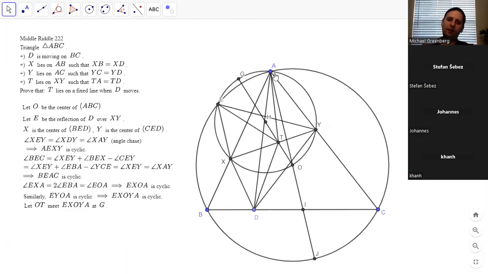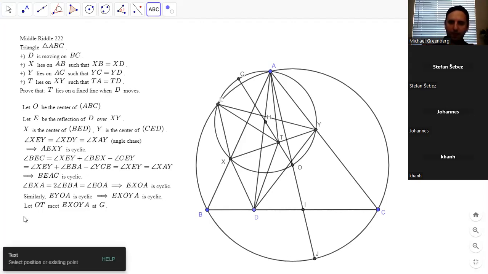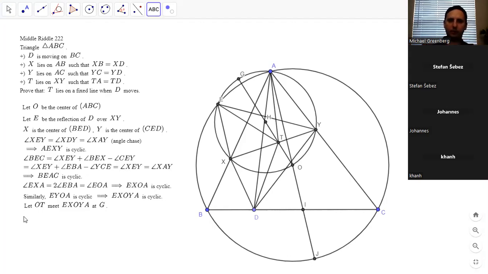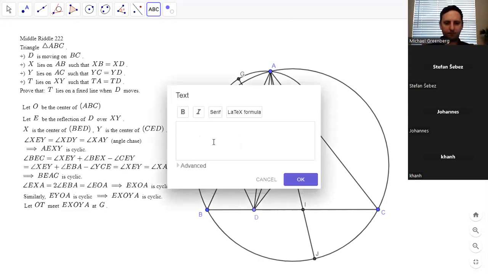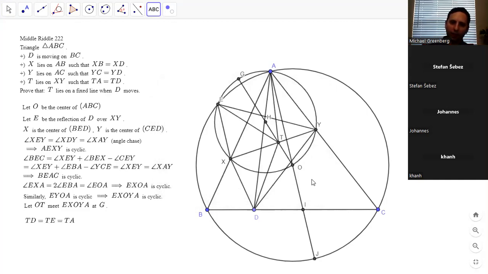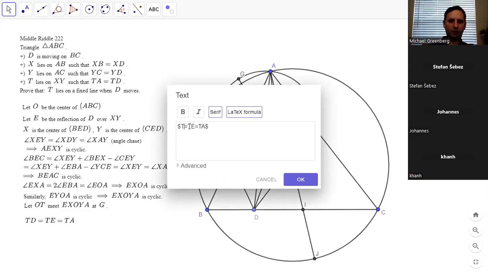Oh, because TA equals TE. That's why. Okay, so I forgot about that. So TD equals TE, TE equals TD equals TA. And so that means, or I'll say it the other way, TE equals TB equals TA.